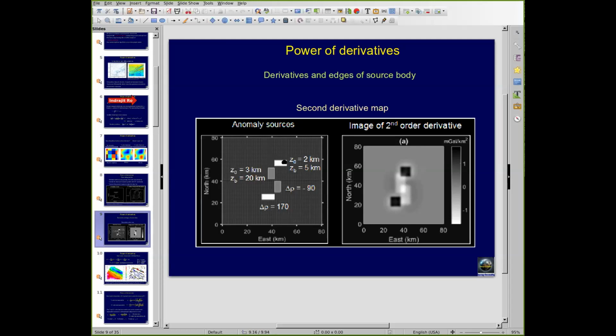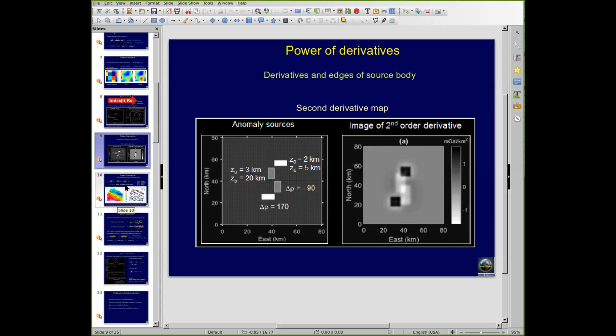The white one has a positive density contrast, and the gray one a negative density contrast. If you take the second derivative map, you find beautifully that all 4 images are clearly observable. So the higher the derivative, the more the resolution increases. Very tempting.